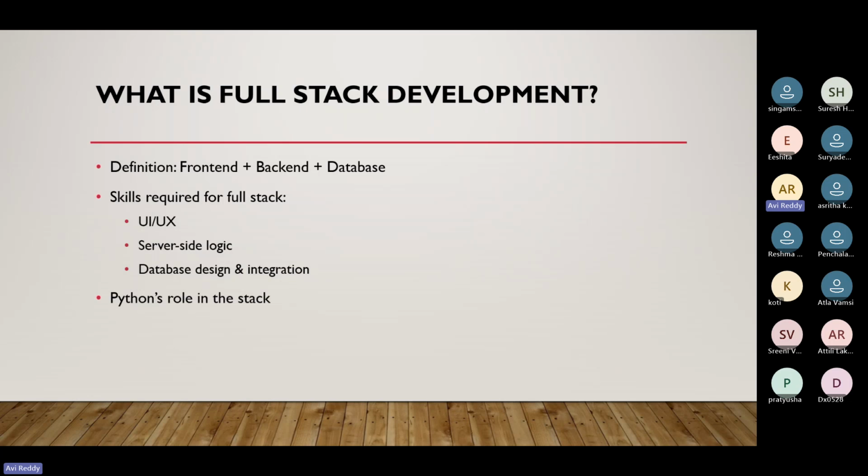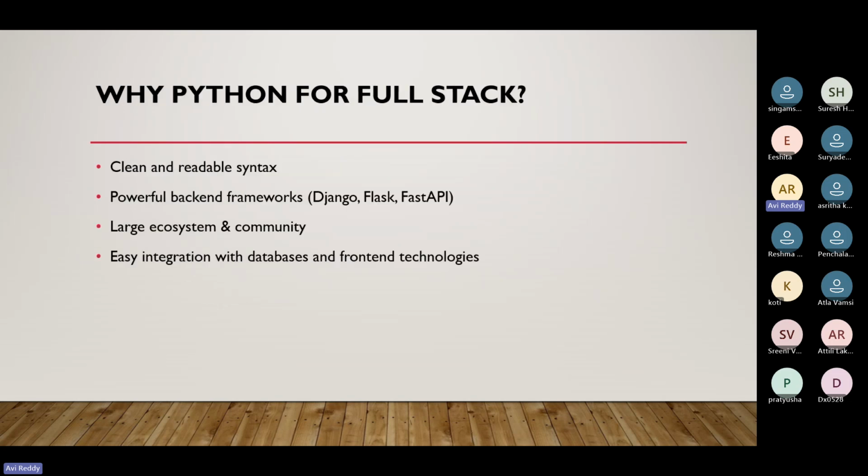Even learning Python, you can go into RPA, crypto kind of related jobs. So now Python is very popular in the market. Earlier Java used to be very popular. Now Python is popular. So for our full stack course, we have chosen Python.